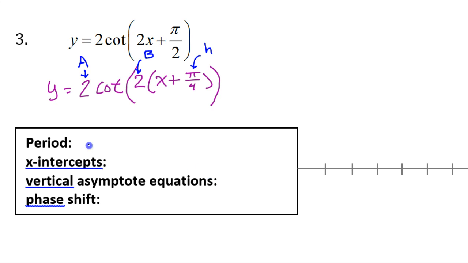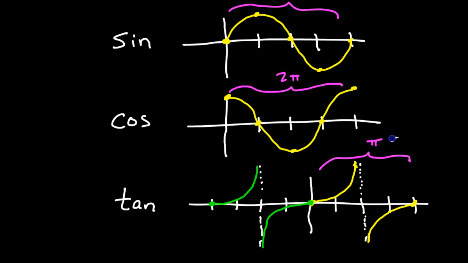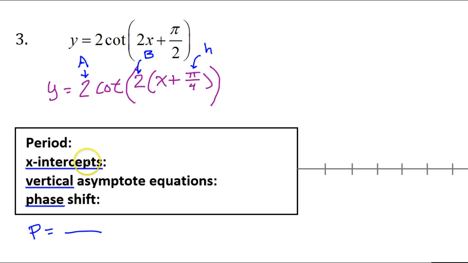So we're going to need the period. The period is always the regular period divided by the b value. Now for cotangent, similar to tangent, the regular period is pi. So I'm going to start off with pi, and then I'm going to divide by this b value, which is 2.